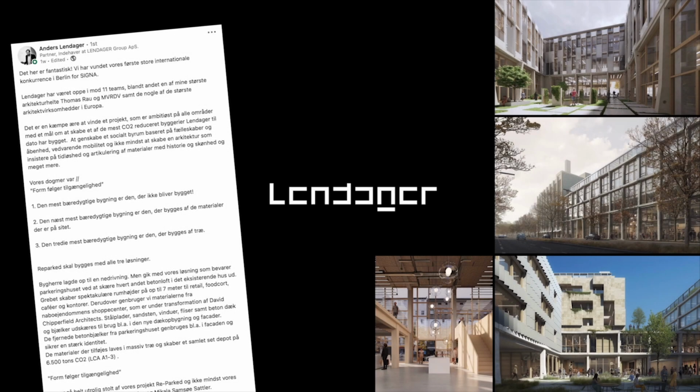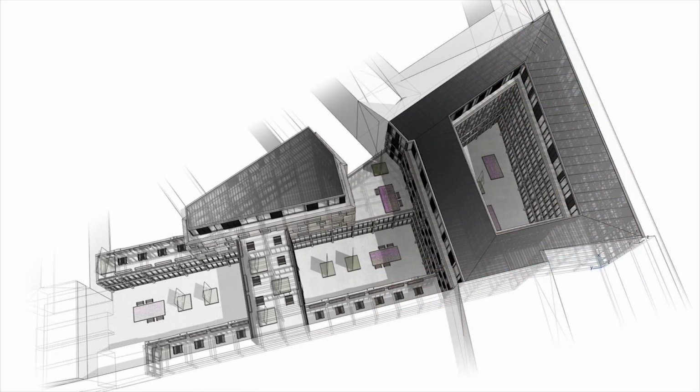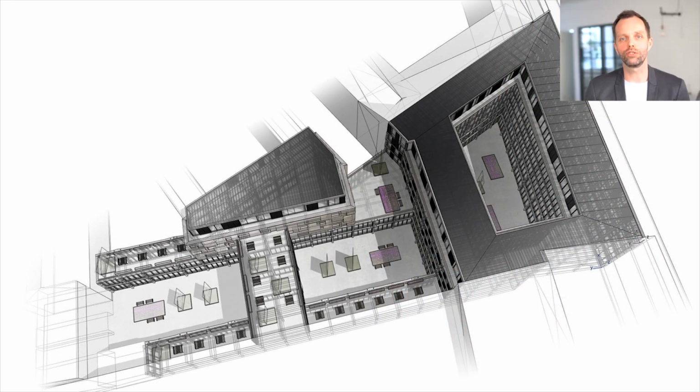So the first project we did with them was a competition project in Berlin, Germany, where they were retrofitting an old parking structure to be a modern office building. A lot of the project was about LCA calculations, trying to make the most sustainable building possible.